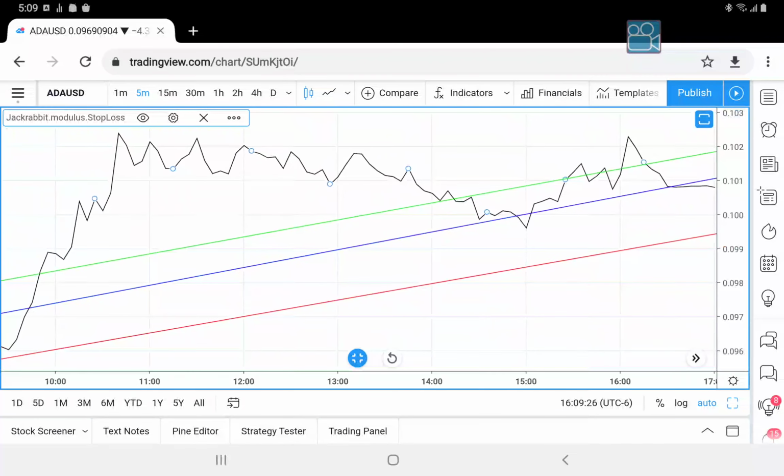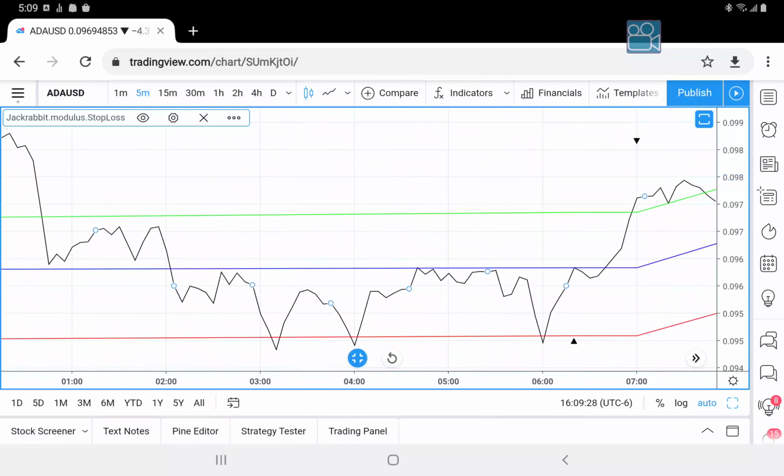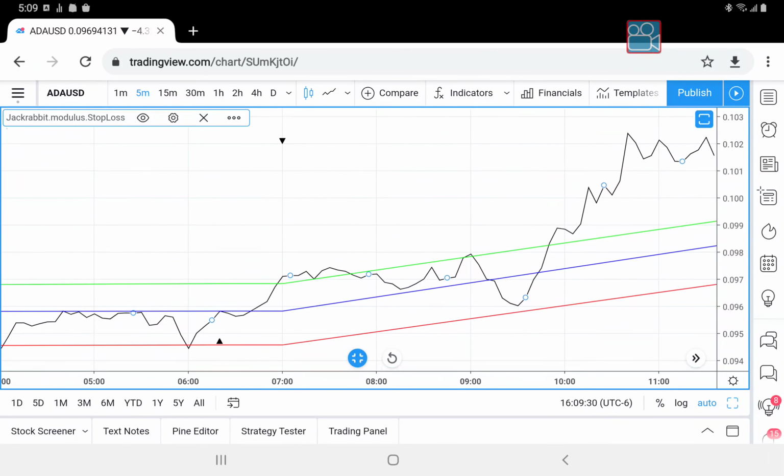Let's start back here. So it made the purchase here. The purchase crosses the risk-reward level and it made a sell. Straightforward, very easy to deal with.